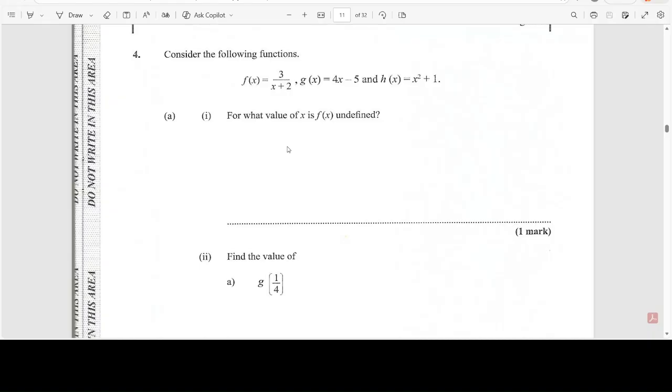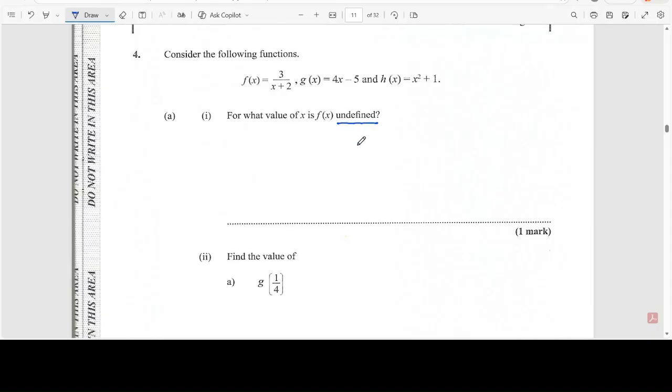Consider the functions f of x equals 3 over x plus 2, g of x equals 4x minus 5, h of x equals x squared plus 1. So you're supposed to do this full question. For what value of x is f of x undefined? When a function is undefined, what do we need to do?